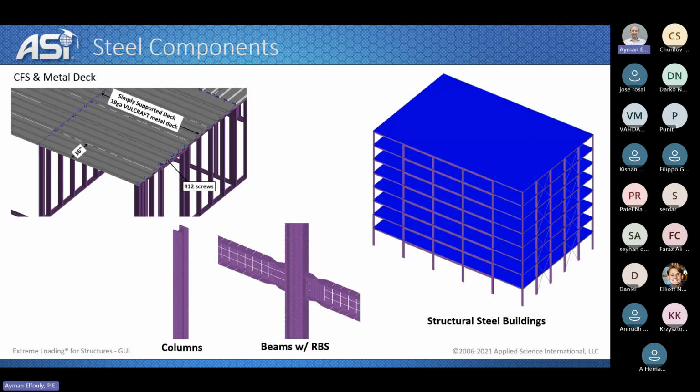For the steel, you can model columns, you can model beams with connections like RBS connections. You can model cold formed steel, corrugated metal decks, bolts, and screws. And this is a model for a steel building using ELS software.